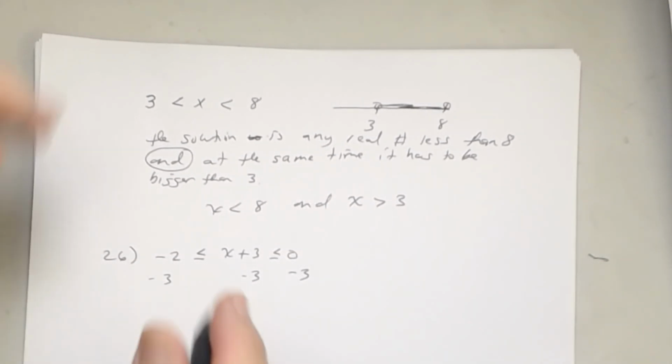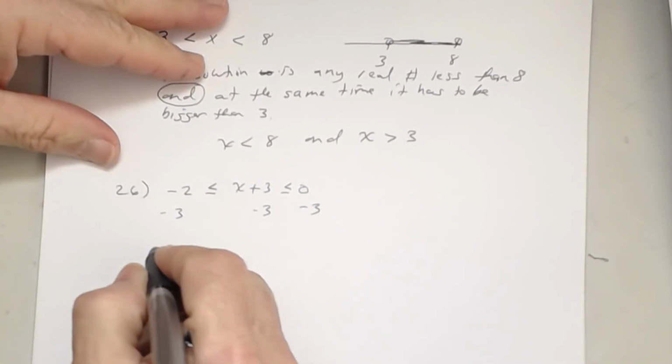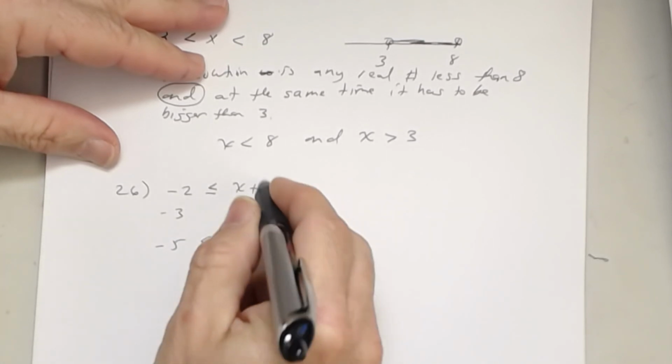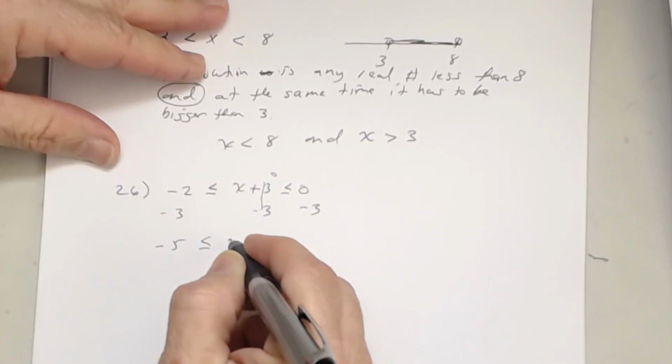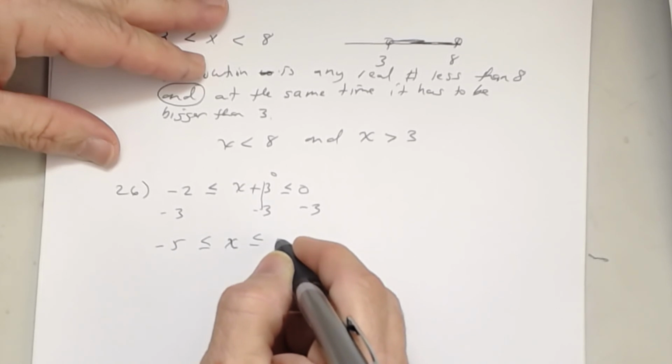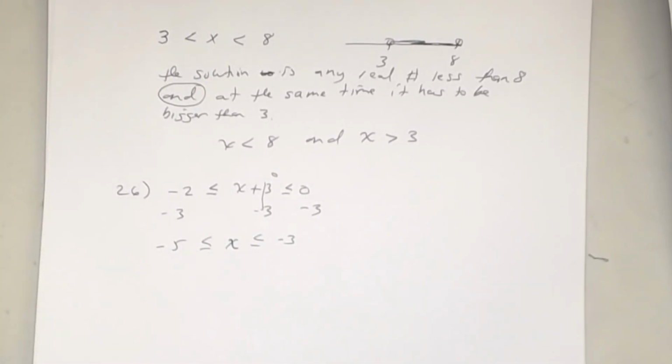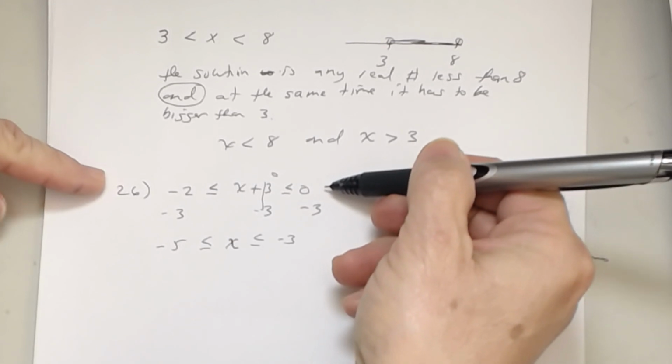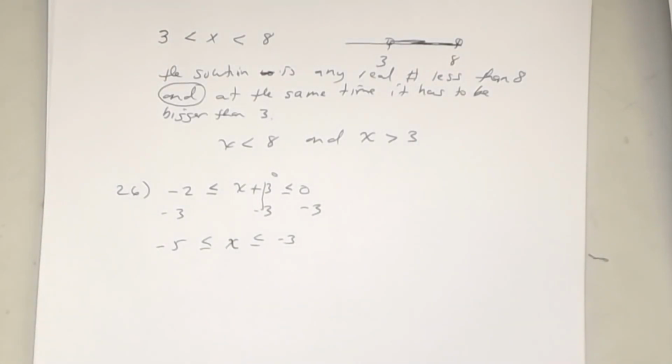So negative 2 minus 3 is negative 5, is less than or equal to x, is less than or equal to negative 3. So I found the solutions to this inequality. My solutions are any number between negative 5 and negative 3. That's how you solve these compound inequalities. It's very easy to do. It's just like solving a simple inequality, except this time you have 3 parts.